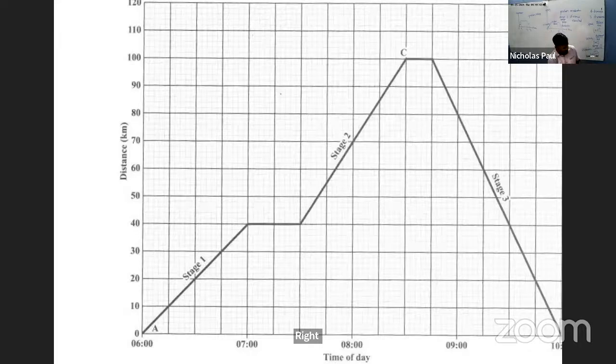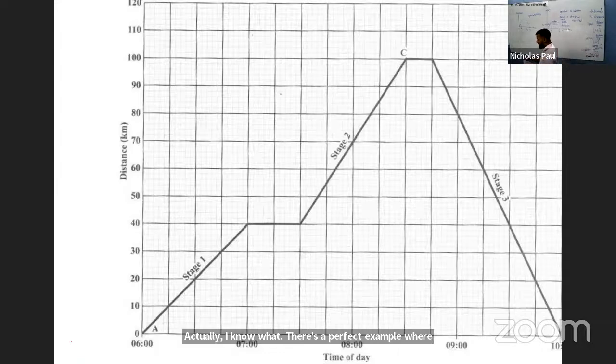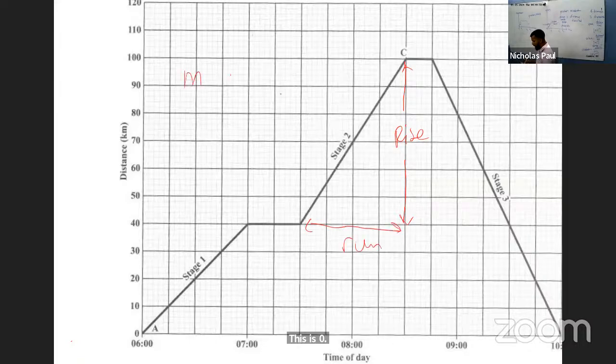Actually, here's a perfect example where rise over run is the best option to use. So the gradient is, this is your rise, and this is your run. Remember, gradient is rise over run. What is the rise?